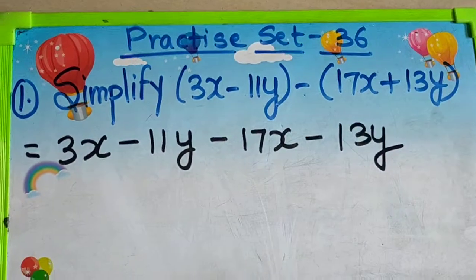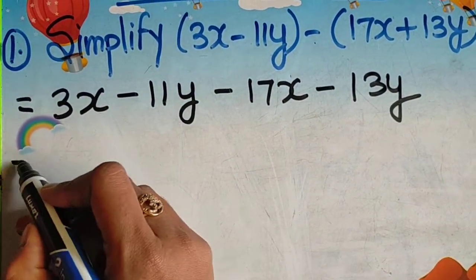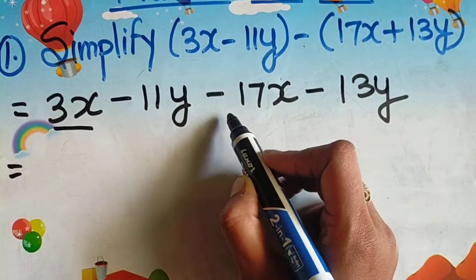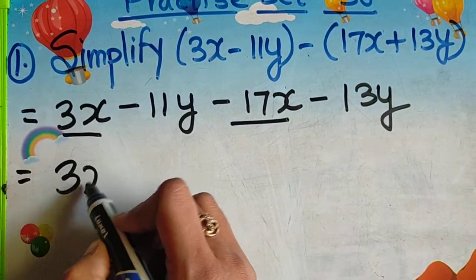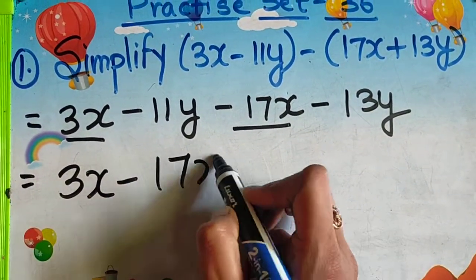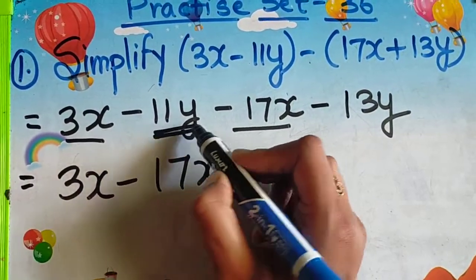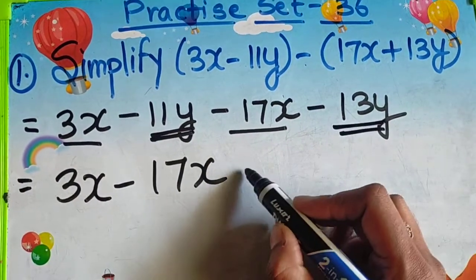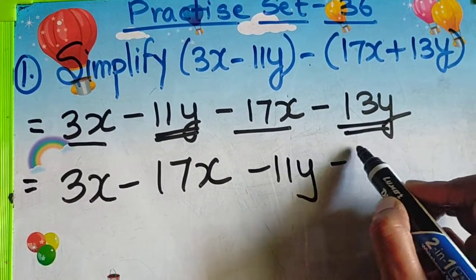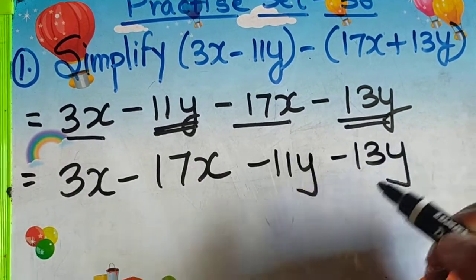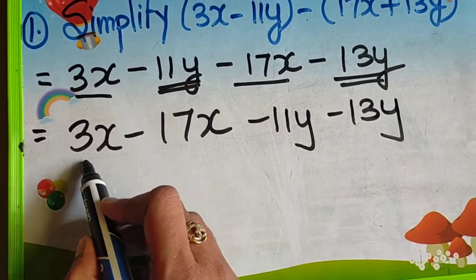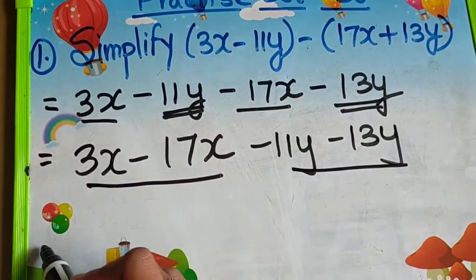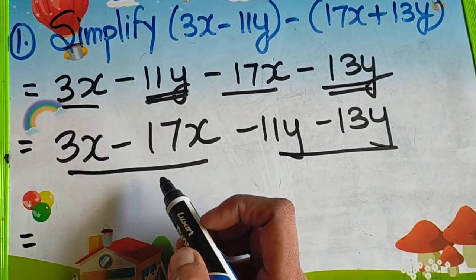Okay, now what we will do, we will do the grouping. This 3x and minus 17x we will put together. So 3x minus 17x, then minus 11y and minus 13y we will put together. Now we will solve first these two and then these two. So 3 minus 17 we have to do.